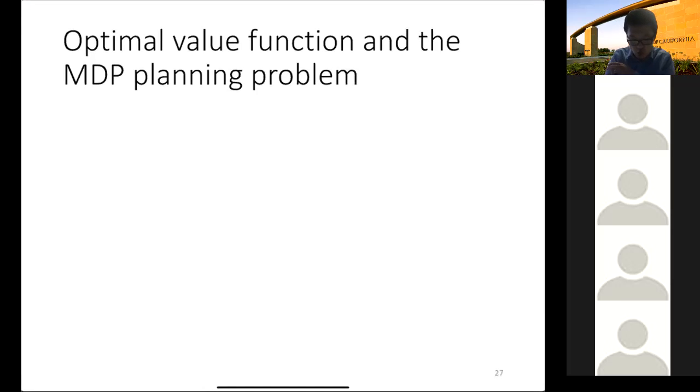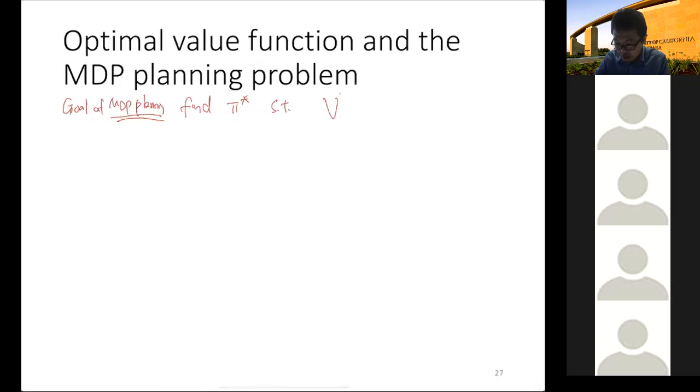The objective of MDP planning is to find a policy pi star such that V pi star of s is equal to the max over policies of V pi of s, for all s at the same time.